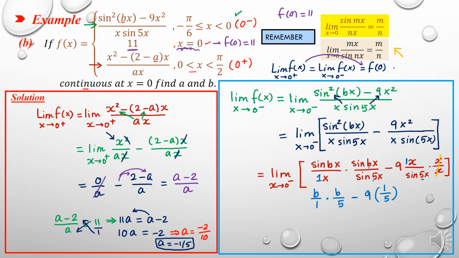What you will get now, b squared over 1 times 5 is 5, minus 9 over 5.